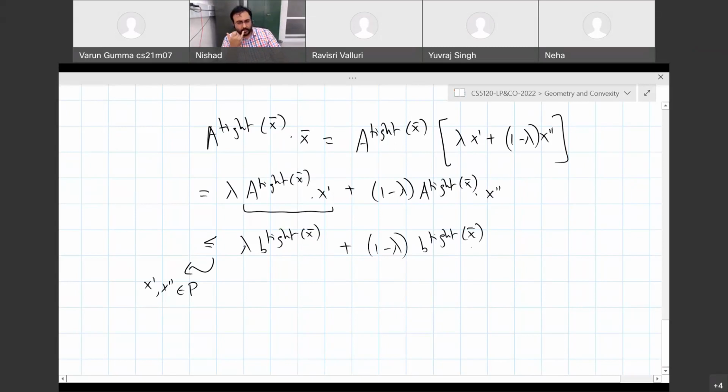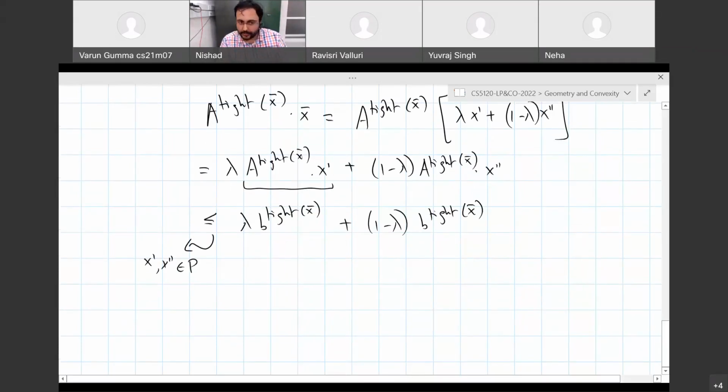Do you see why this is true? Okay, I guess there are no questions. So I'm assuming you see this is true, right? And that is exactly b tight x bar.